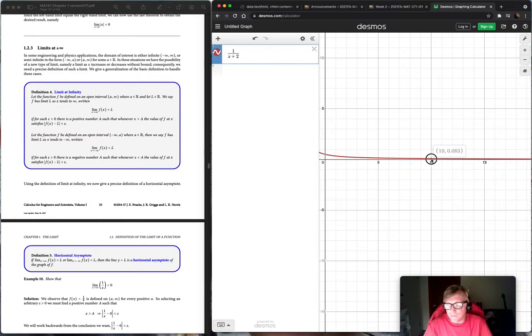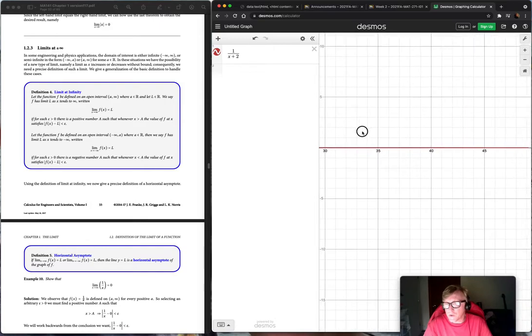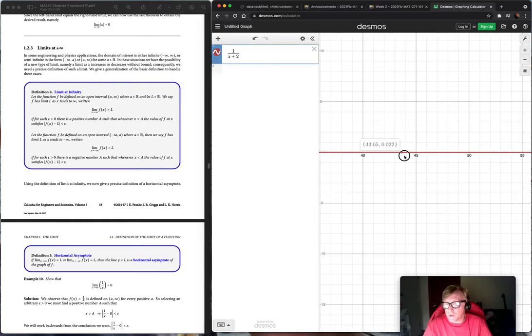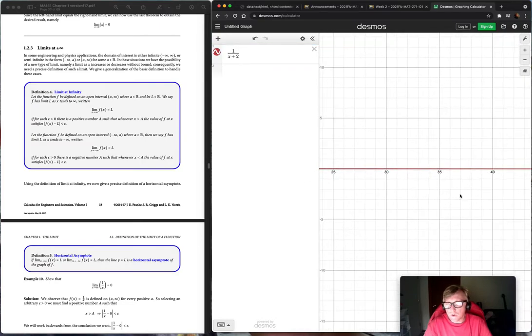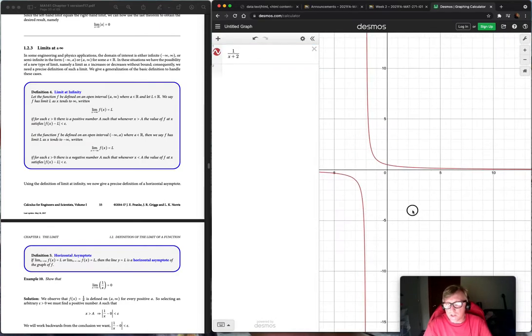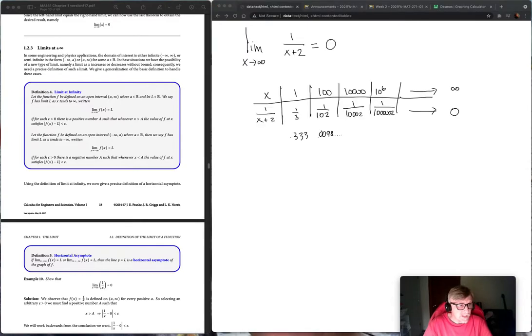I got that wrong. It was 0.083, not 0.09, so I definitely had the decimal wrong. But you can observe, as you get increasingly large values of x, look at what's happening to the y values. They are getting very, very close to the x-axis. And the y value of the x-axis, of course, is 0. That's the kind of observation we're making.